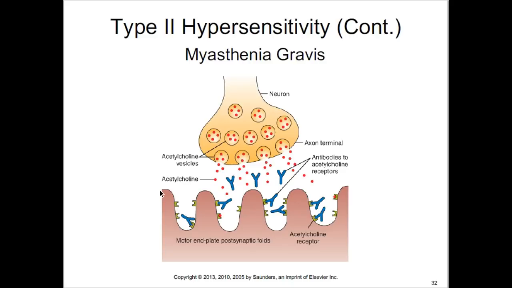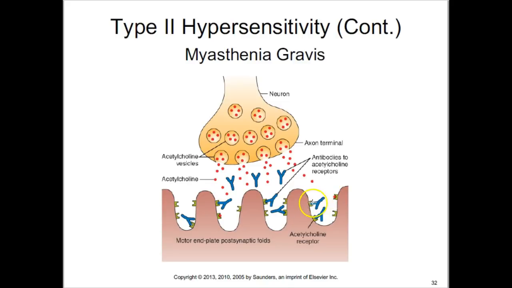So you can see here, myasthenia gravis. This is your neuron and synaptic knob. These are the little vesicles that deliver acetylcholine, and then the acetylcholine is going to bind. But instead of being able to bind to its receptor, all of these antibodies are bound to the receptor.